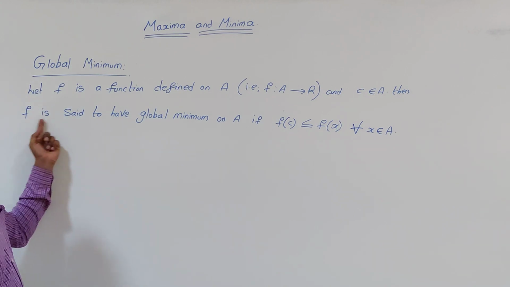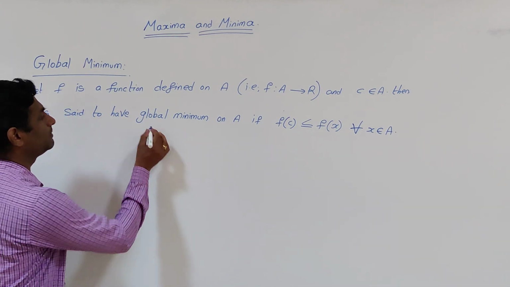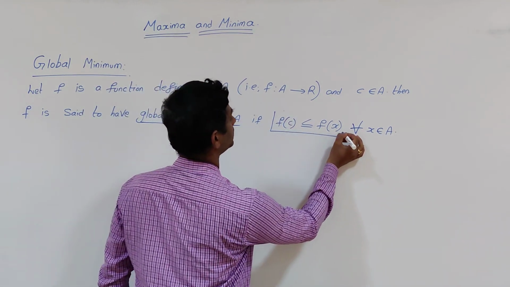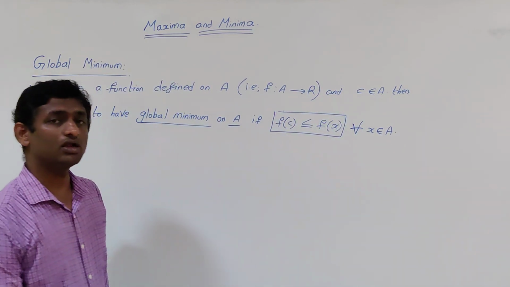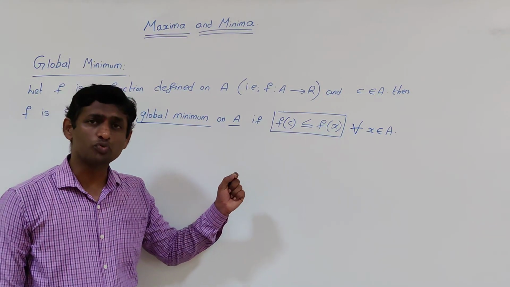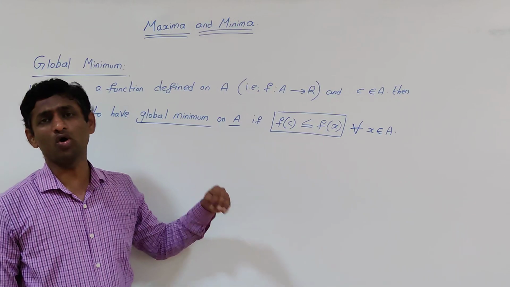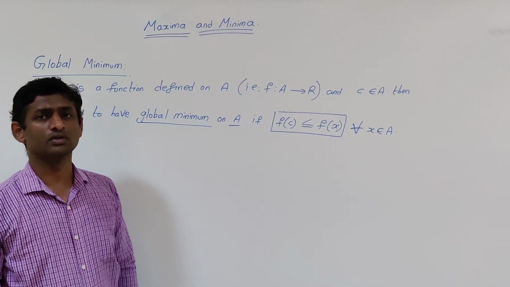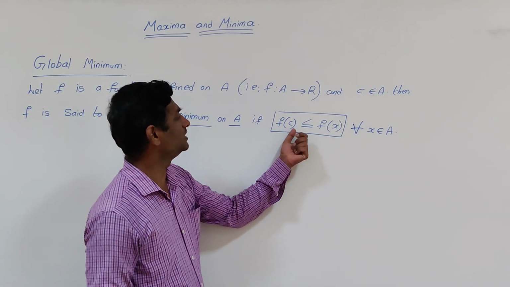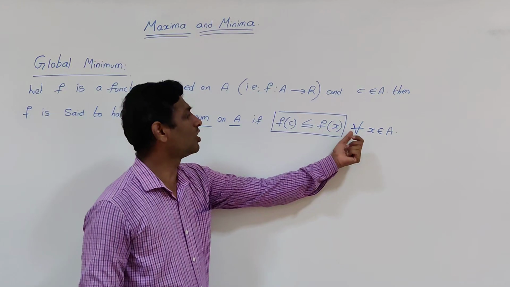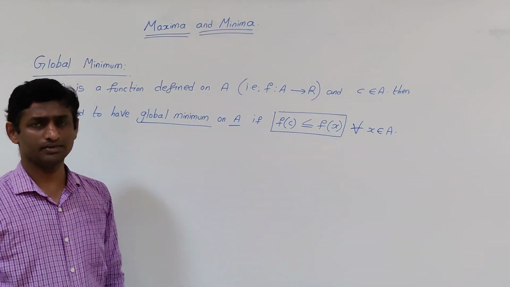Then f is said to have a global minimum on A if the condition is f(C) should be less than or equal to f(x), meaning f(C) is the smallest value among all the outputs of the given function. So f(C) should be less than or equal to f(x) for all x belonging to A.